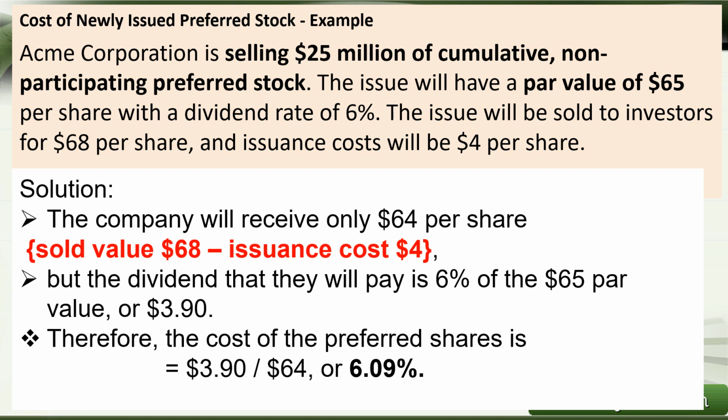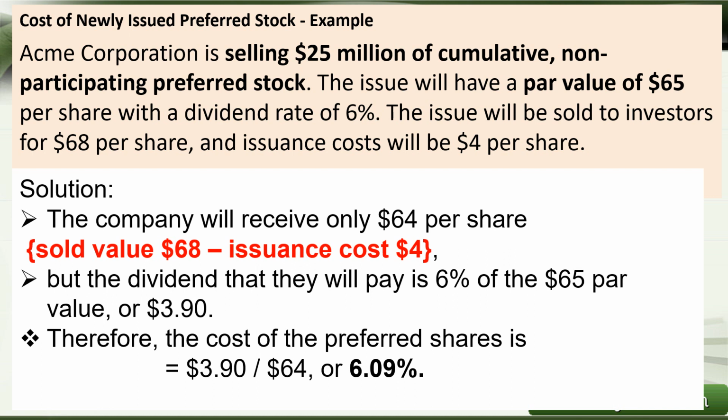So if you calculate 6% on $65, it will be $3.90. The actual payment is $3.90, based on that 6% on $65, divided by the actual money they receive, which is $64 only. So the cost is 6.09%. See the difference.